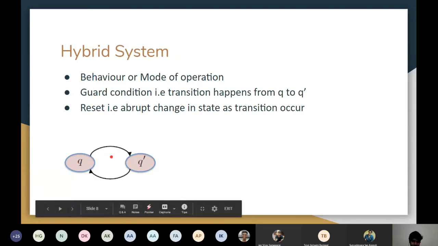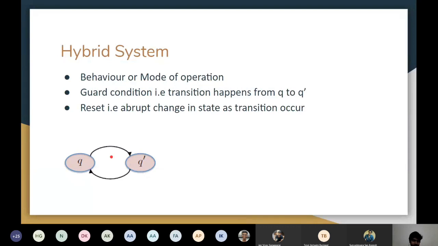For now I was controlling V and omega, but having to change from one behavior to another, I have to again go from V and omega to VL and VR. It's just an example. It's not the case here, but there might be a situation like that. For that, we have reset.